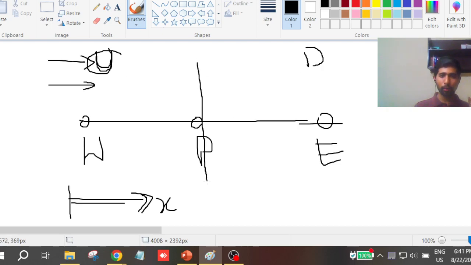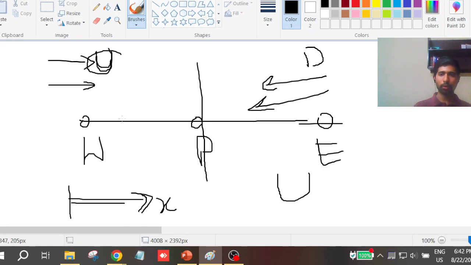As compared to your P, flow is coming from the left side, so the left side will be your upstream and the right side will be your downstream of this node P. Now if the reverse case was there, if U was minus 10, the whole thing will get reversed. Now your upstream will be your right side, because the flow is coming from your right side, right?